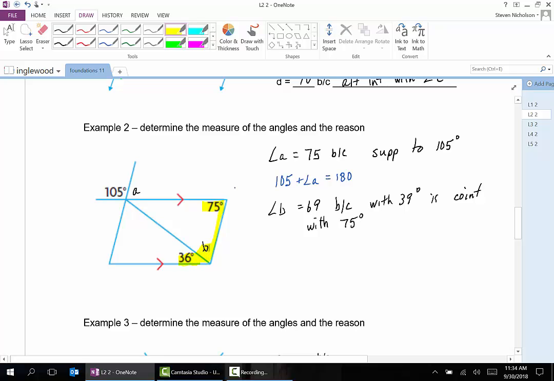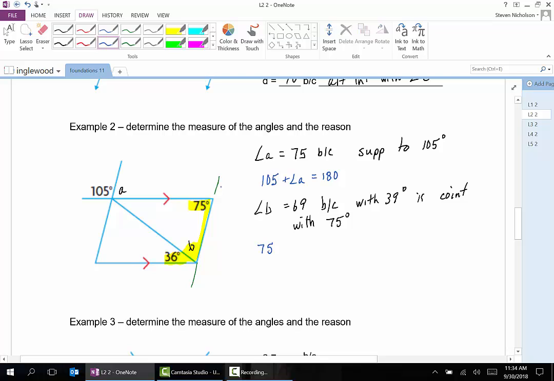These angles right here are on the same side of the transversal. So here's that transversal, and I know it doesn't look like a line that goes on forever, but it is. And we know that all of those angles add up to 180 degrees. So what we could do is go, well, 75 plus angle B plus 36 equals 180.